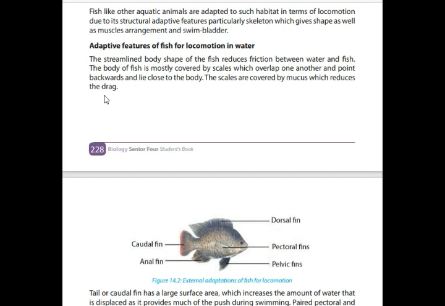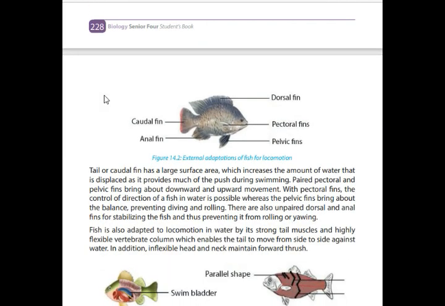Here, the tail or caudal fin has a large surface area. Yes, the tail or caudal fin has a large surface area, which increases the amount of water that is displaced, as it provides much of the push during swimming.